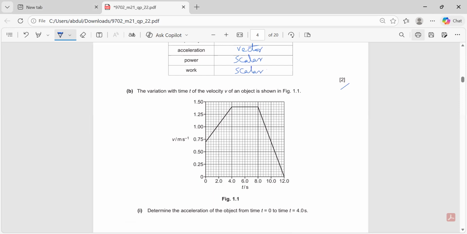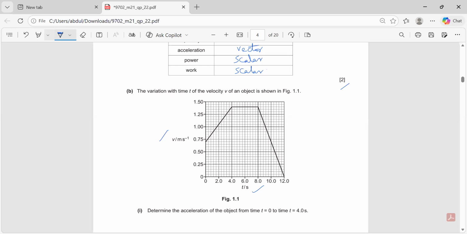Okay, now the variation with time t of the velocity v of the object is shown in figure 1.1. So this is basically a velocity time graph. Determine the acceleration of the object from time t is equal to 0 to time t is equal to 4 seconds. So acceleration only from t is equal to 0 to t is equal to 4 seconds.